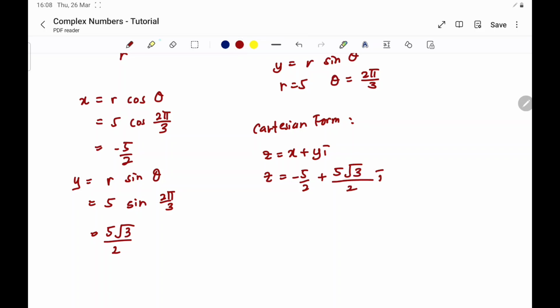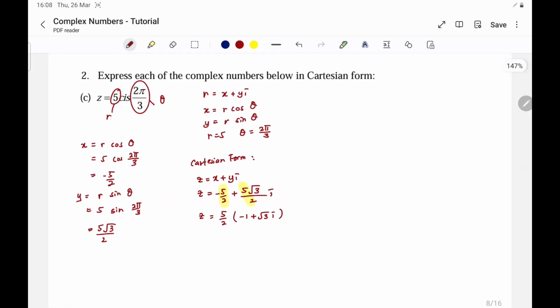And if you see here, we have a similar thing, which is 5 over 2 and 5 over 2. If you want to make it in the simplest form, then you bring 5 over 2 outside, then you're going to get negative 1 plus square root 3 i. So this is your final answer for question 2C.